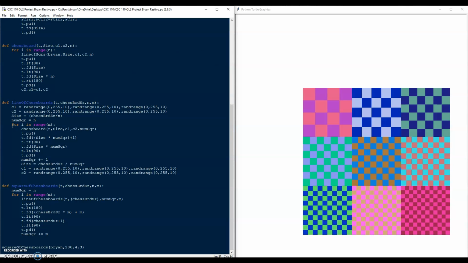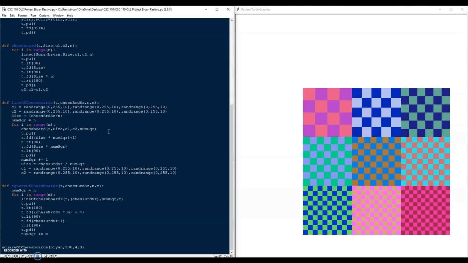As you'll see here, the for loop begins with the range of the number of chessboards. So the instructions for that for loop call the chessboard function, making that another helper function, evaluated at the arguments t, size, color 1, color 2, and the number of squares.